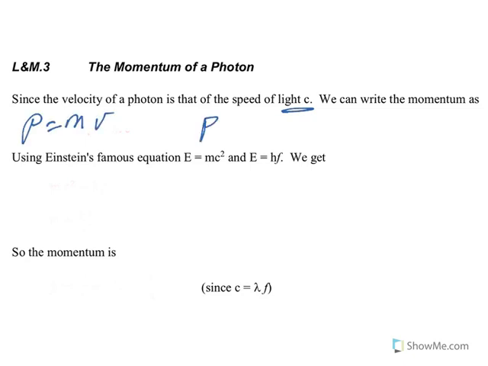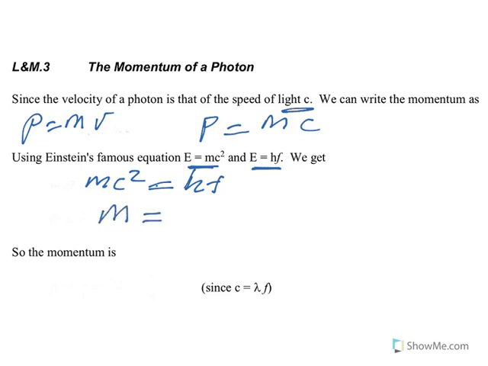So the momentum of a photon then should be mc. Now, Einstein had an equation E equals mc squared, and we know that the energy of a photon is E equals hf. So if we equate those two things together and say that mc squared should be equal to hf, and divide both sides by c squared, then the mass of a photon should be hf on c squared.